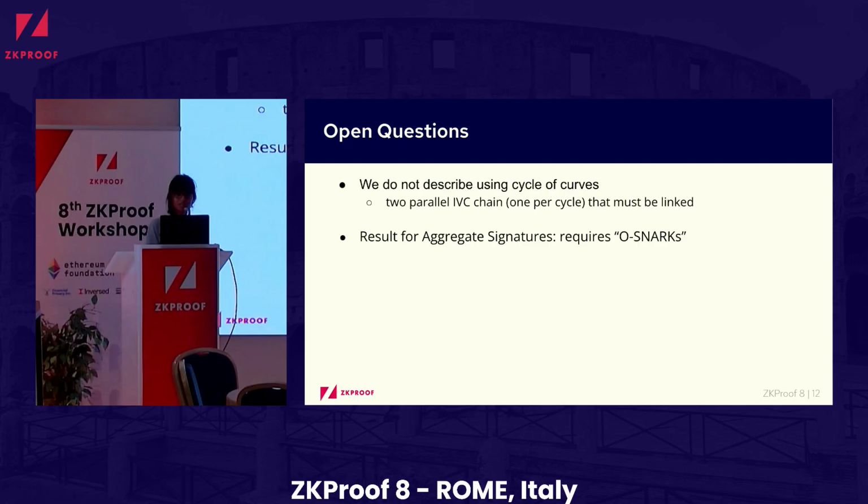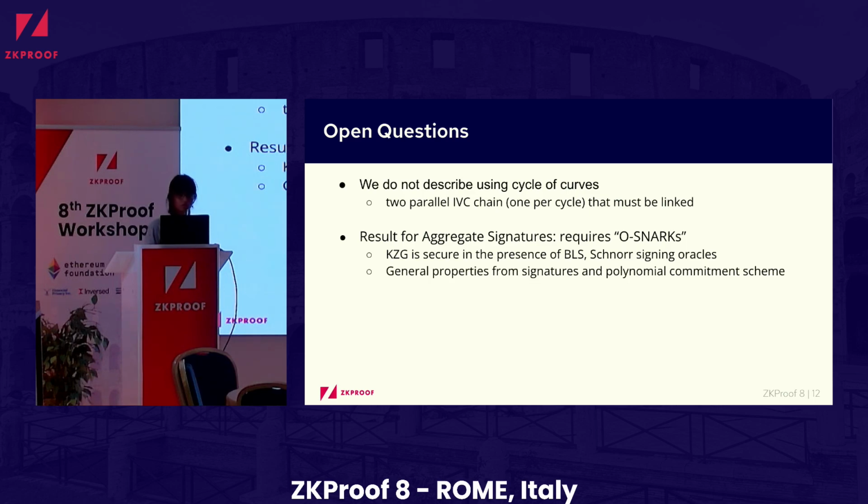These are basically SNARKs that are secure in the presence of arbitrary oracles or signing oracles. And in the paper, we show a very specific case. We show that the KZG commitment scheme is secure in the presence of specific signing oracles, such as for BLS and Schnorr. So it would be interesting to see what generic properties you would want from signatures and commitment schemes to get generic OSNARKs.